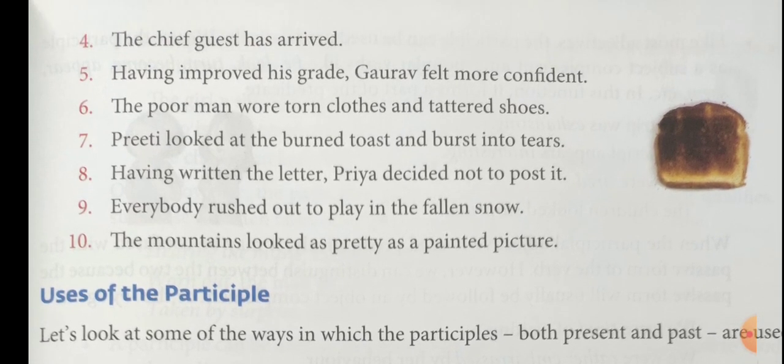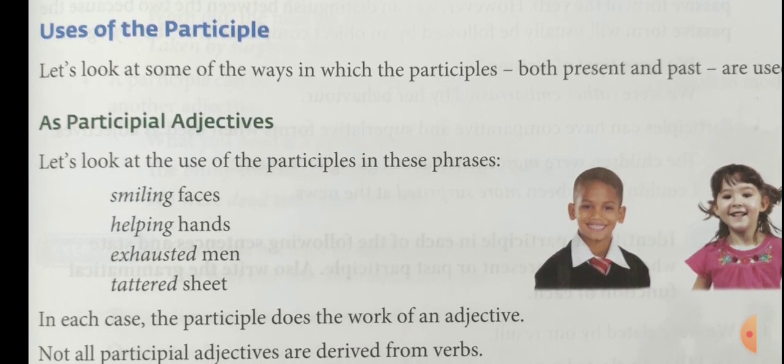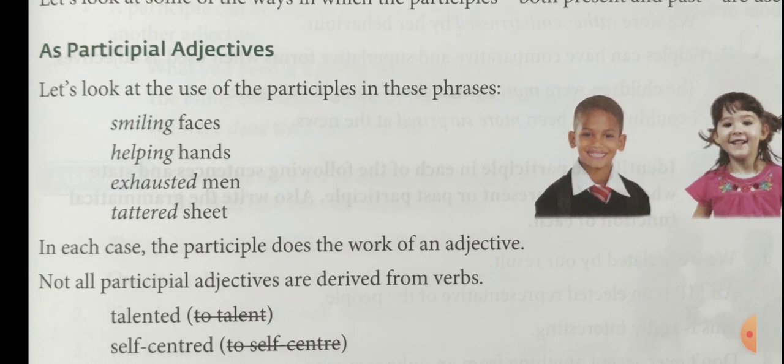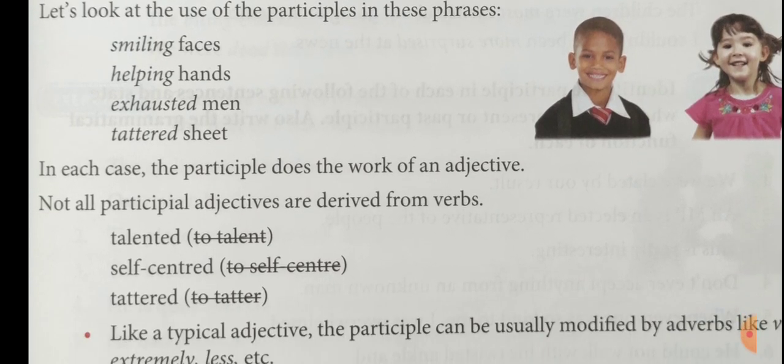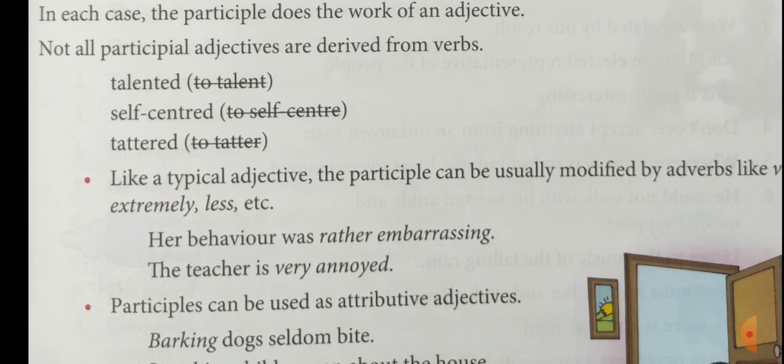As participle adjectives, let us look at the use of the participles in these phrases: smiling faces, helping hands, exhausted men, tattered sheet. In each case, the participle does the work of an adjective.